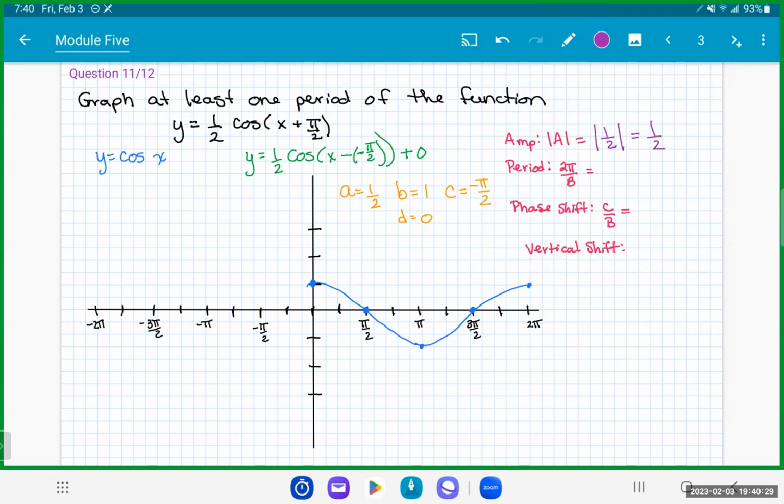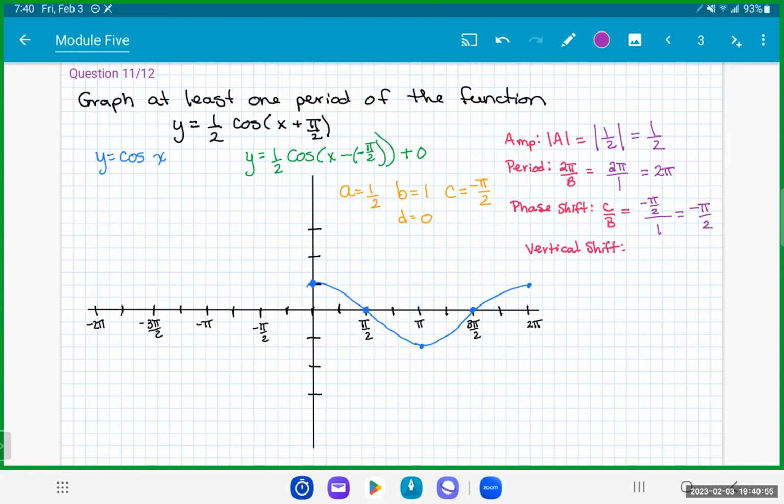Our period is going to be 2 pi divided by b. Our b in this case is 1, so that's going to be 2 pi. Our phase shift is going to be c, which is negative pi over 2, divided by b, which is 1. So our phase shift is negative pi over 2.